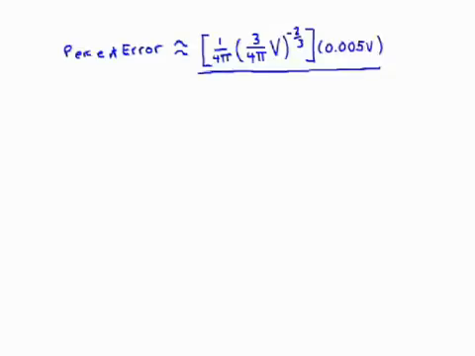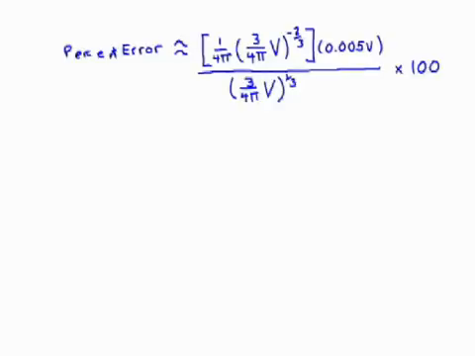On the next screen, we've continued working out the percent error. The numerator is simply dr that we previously worked out. The denominator is r, which we had rearranged and found that r was equal to 3 divided by 4 pi times V, all raised to the 1/3. So we now have dr divided by r and then multiplied by 100.